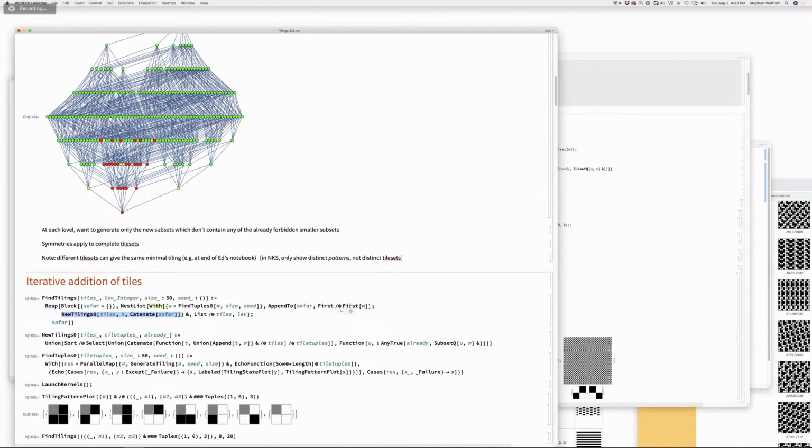The failure cases are first of W. Does that make sense? The things in tile tuples that didn't tile are first of W. Okay.